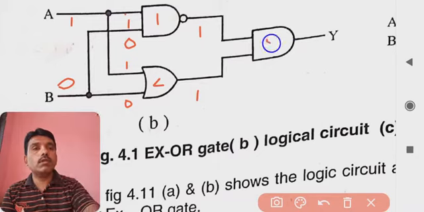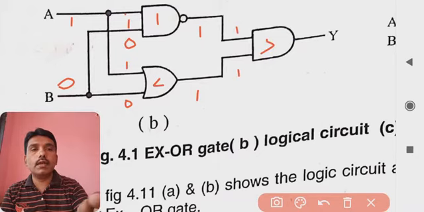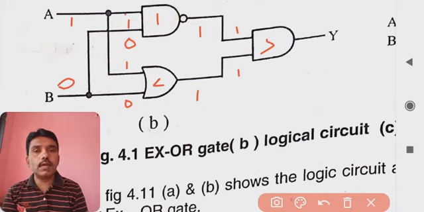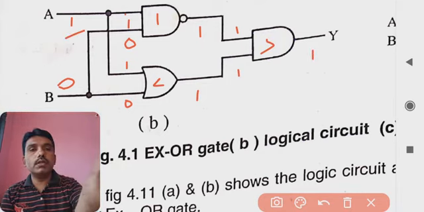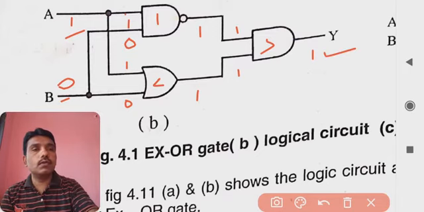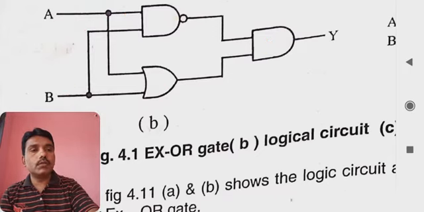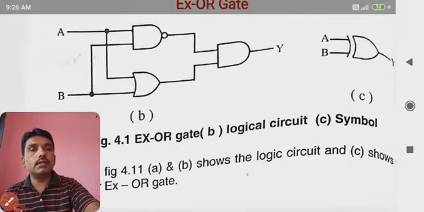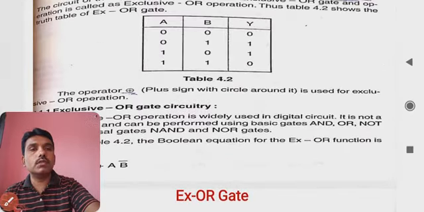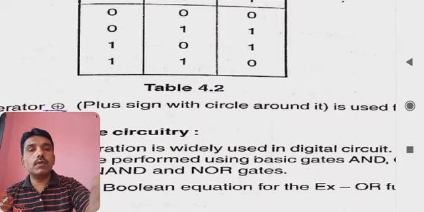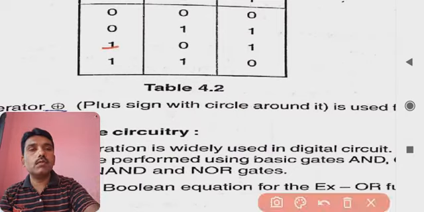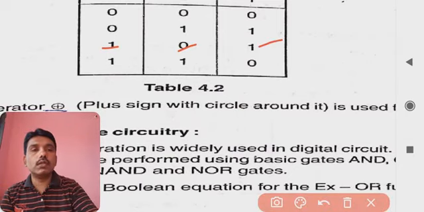Again for the AND gate we have the input 1 1. As we know, when all the inputs are high, the output is going to be high, and that's why for the 1 0 condition we are getting the output as 1. If you look at the truth table, for the 1 0 condition the output is high.